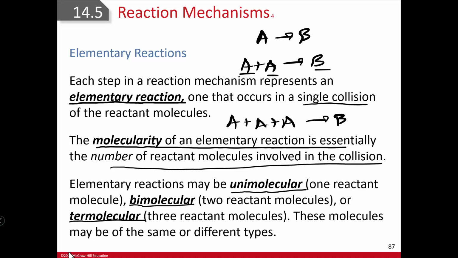What's the chance of all three A's colliding at the same time in a certain orientation to form product B? So these are really slow. We don't see these as much in nature as the first two.